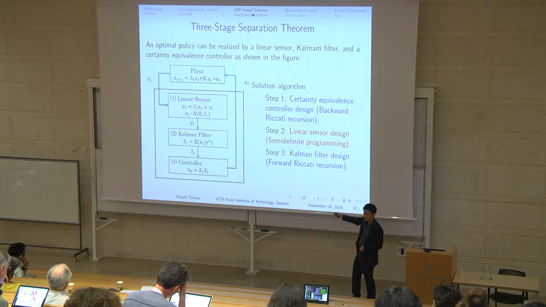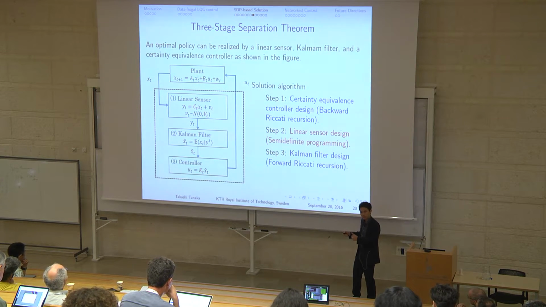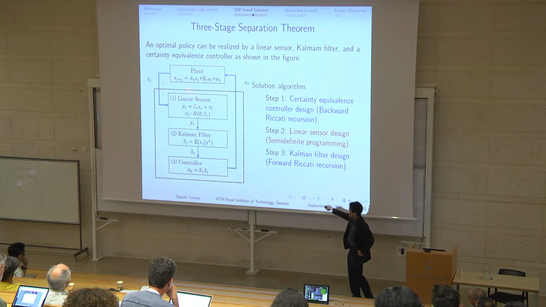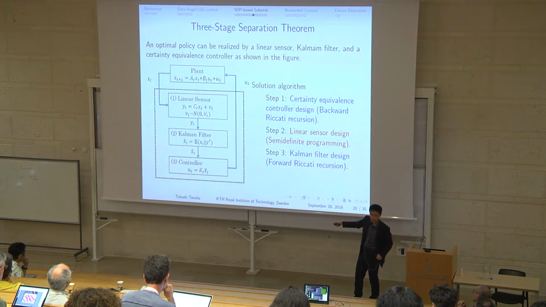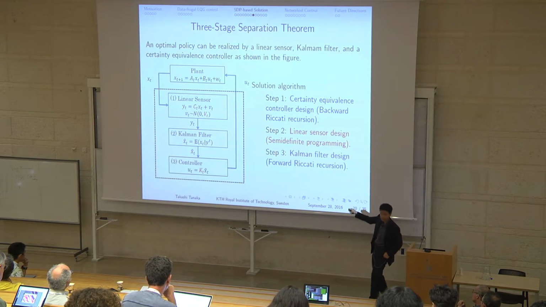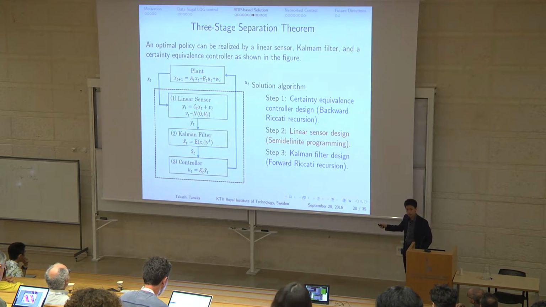And this noise means that you need to indicate to what extent, to what precision you need to measure this information. And then this output Y is processed by Kalman filter. And then this best estimate is multiplied by the optimal feedback control gain. And then this is the way that the optimal control signal U is generated.